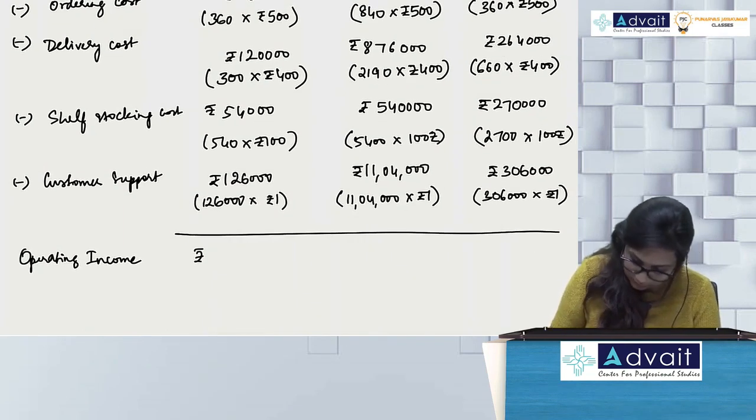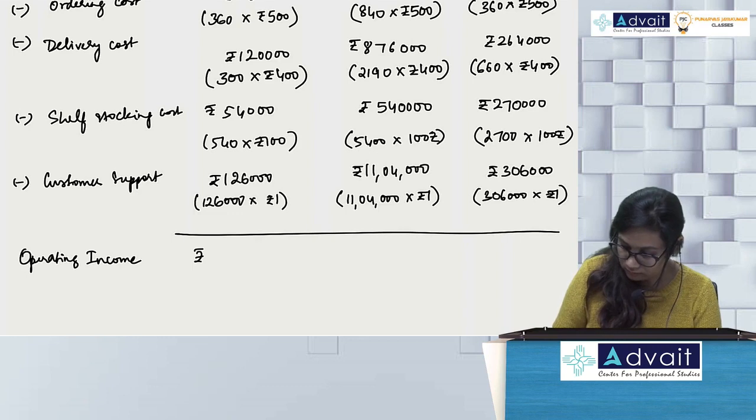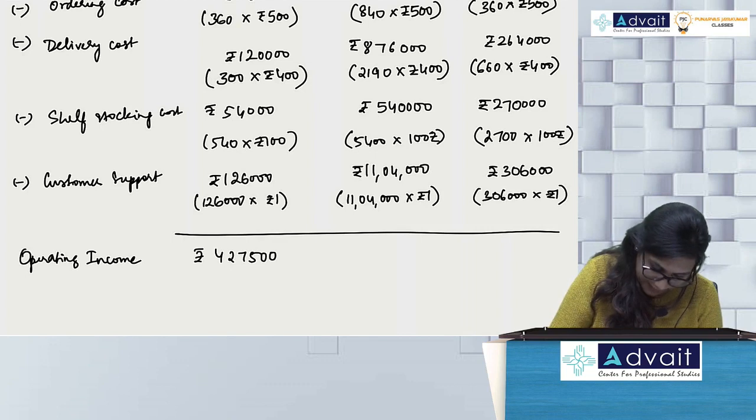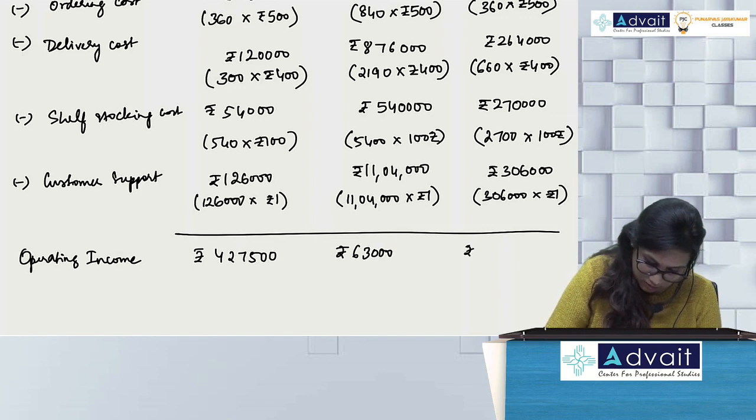First one, you get 4,27,500. Second one, 63,000.